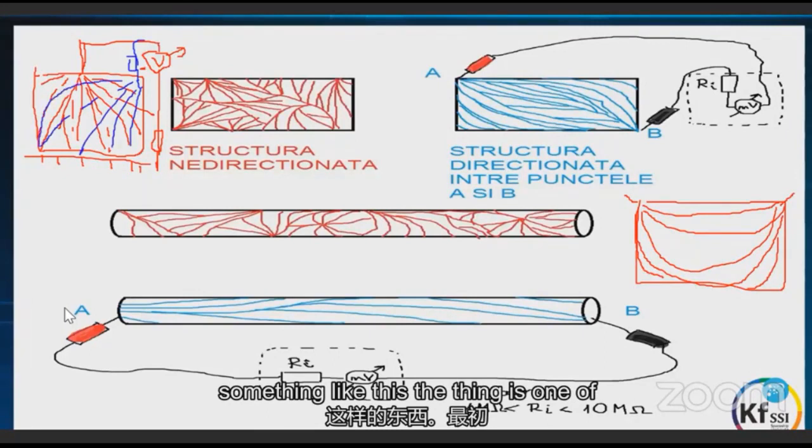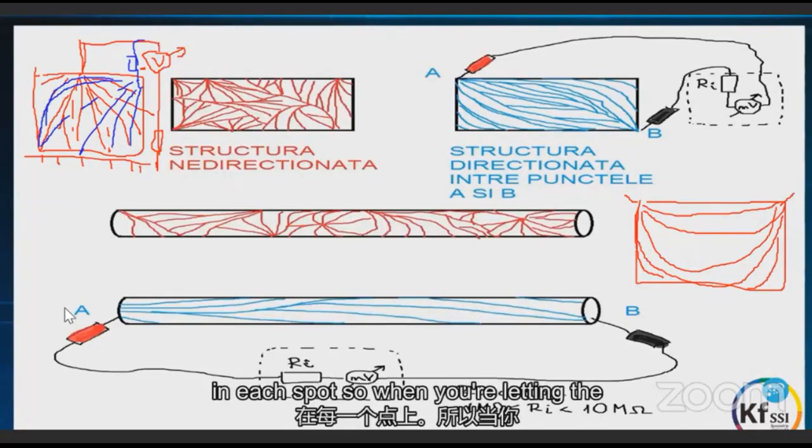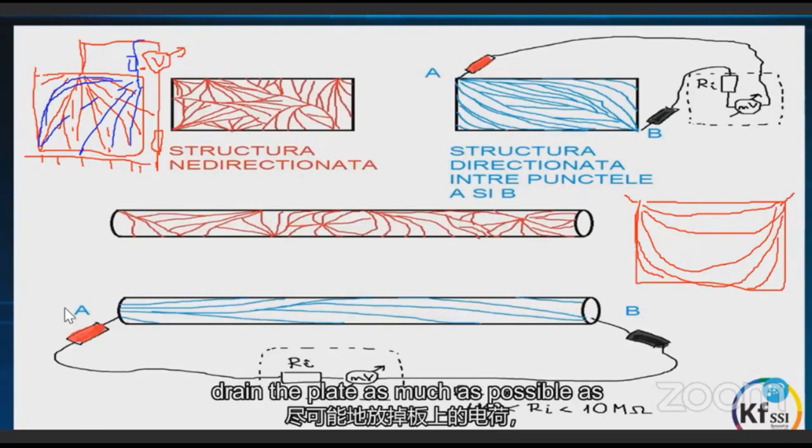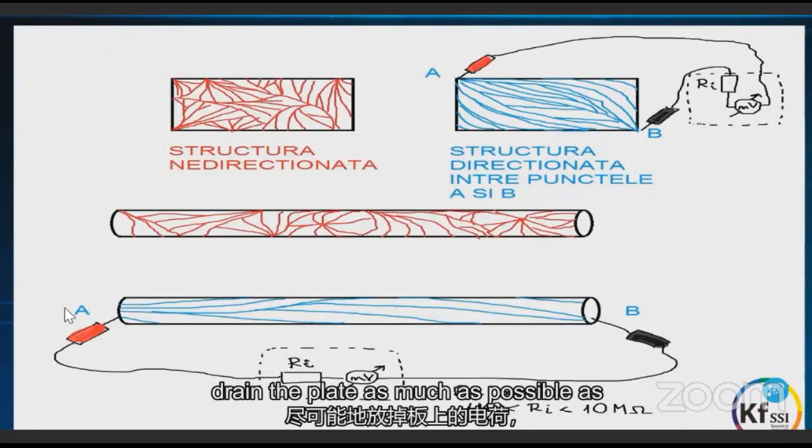One of the techniques that used to be used originally was to move the electrode over the whole plate in various spots and just leave it on for a few seconds in each spot. So you're removing the charge from the plate, you're draining. You want to drain the plate as much as possible, as well as align the fields like this.